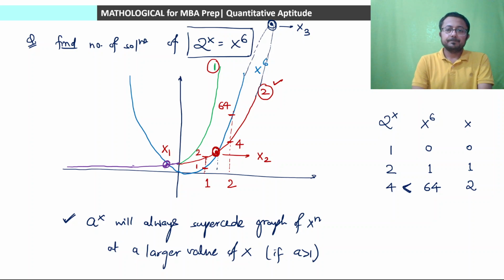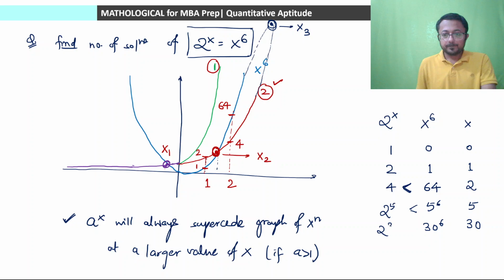Okay, let us take some large values. For example, if we take x equal to 5, this will be 5 to the power 6 and this will be 2 to the power 5. Still this is lower than this value. If we take x equal to 30, this will be 30 to the power 6 and this will be 2 to the power 30.